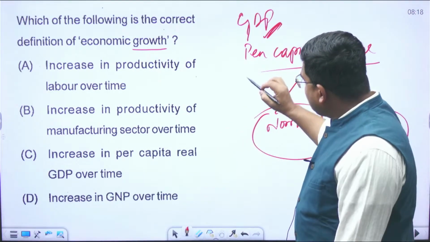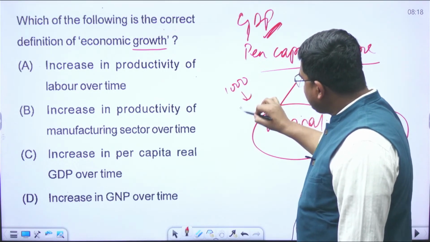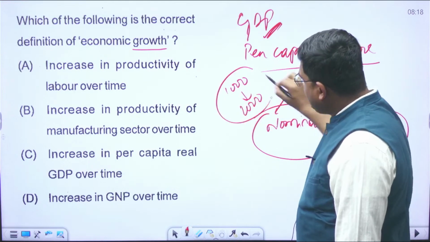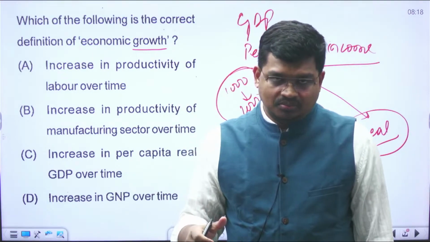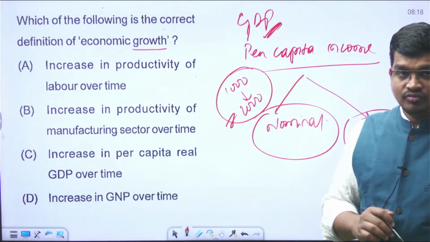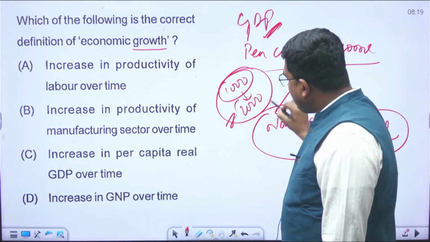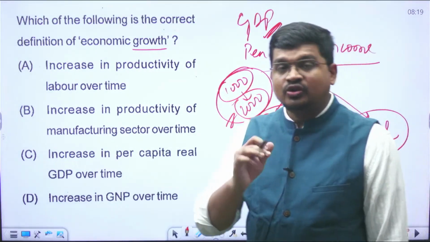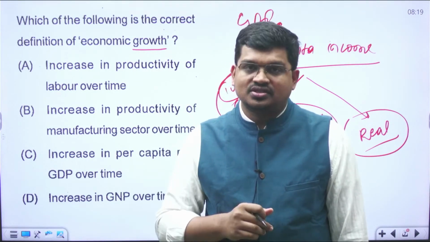Suppose a person's income per month is 1000 rupees, and it becomes 2000. That is the increase in per capita income, but this is in nominal terms. Real terms means this 1000 to 2000, but with respect to goods and services.